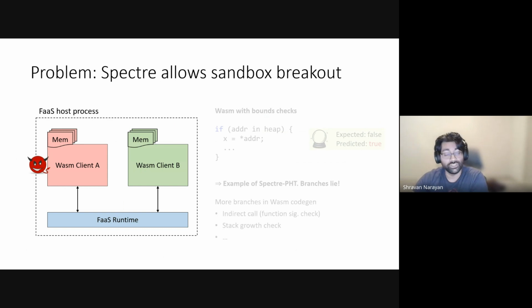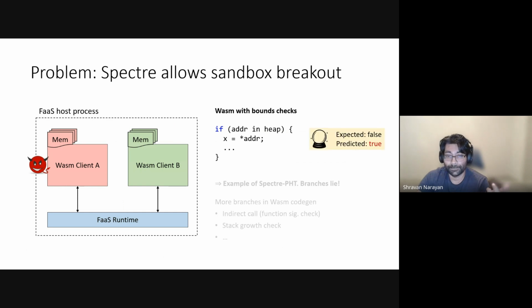Let's also go ahead and assume that this WebAssembly engine is executing this code with bounds checks. So we're going to, in pseudocode, roughly have something that executes like this, which is if your address is in your linear memory, you are allowed to dereference it. If not, you aren't. Now, this is fine when you execute this concretely, but when this is executed speculatively, the branch predictor kicks in, right?